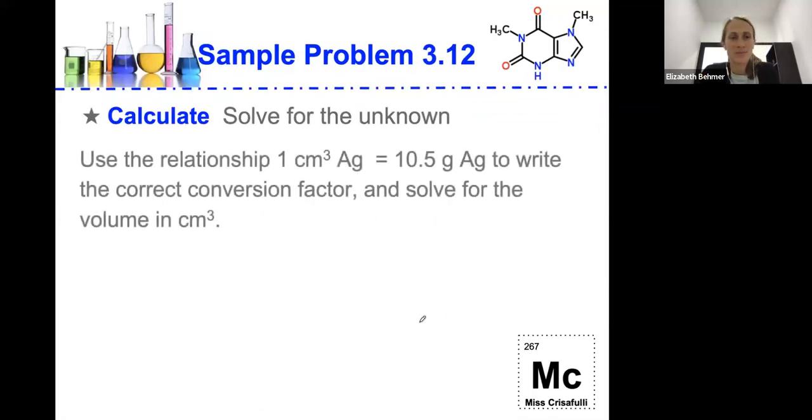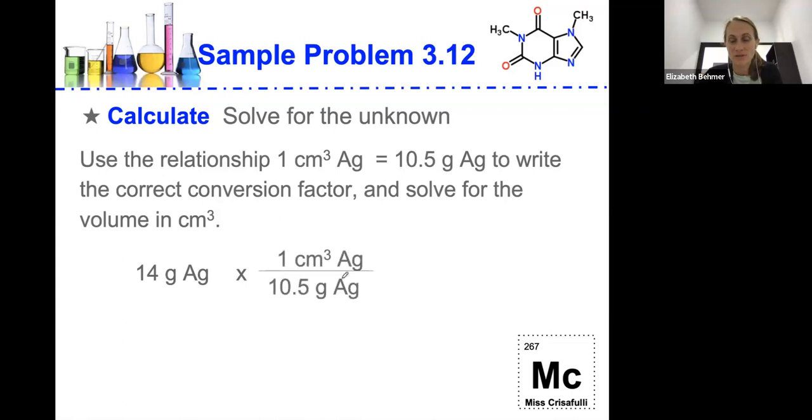So let's set up our problem. Using the relationship, our conversion factor of 1 centimeter cubed of silver is equal to 10.5 grams of silver, we'll write the correct conversion factor and solve for volume in centimeters cubed. So we have 14 grams of silver, and we're going to multiply by our conversion factor, making sure that the gram silver will be in the denominator.